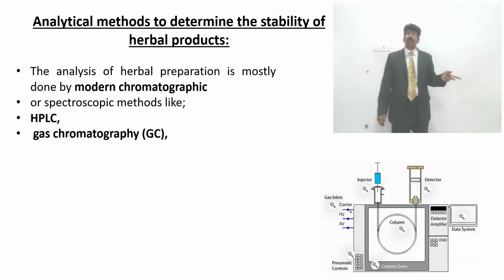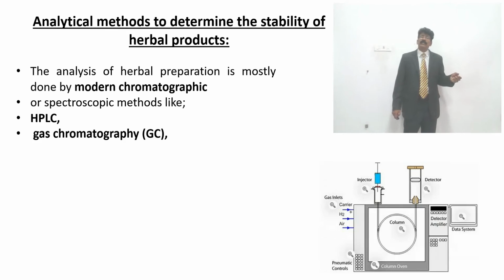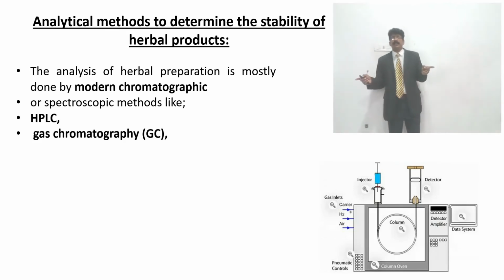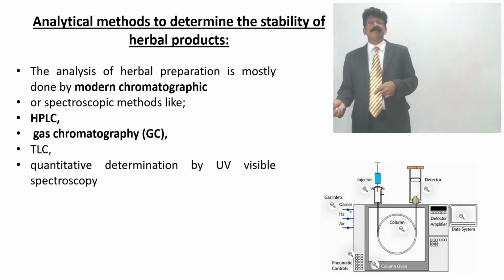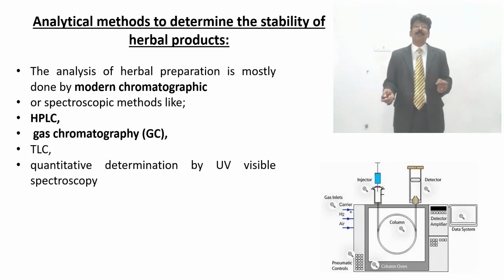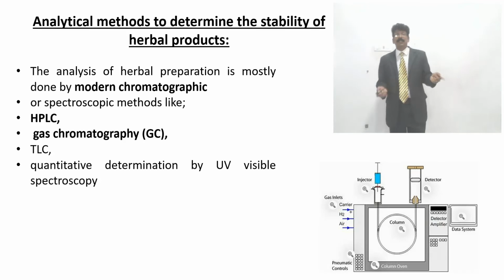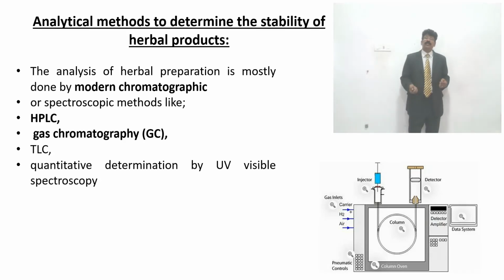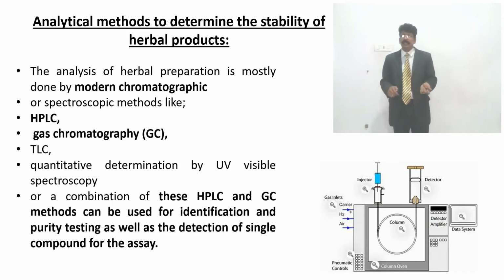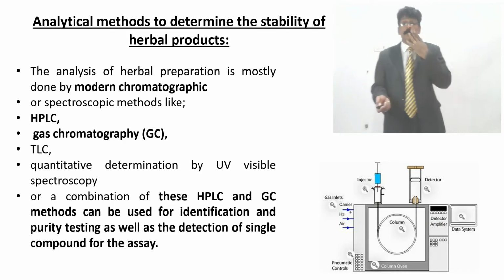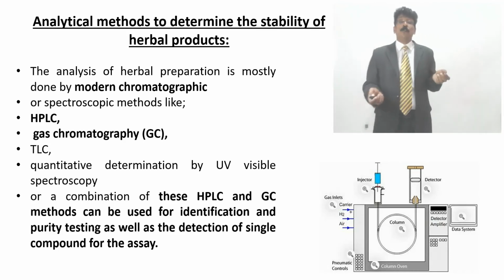Both are used for confirmation of the compound, and then TLC and HPTLC, and we also do quantitative estimation by means of UV-visible spectroscopy, or a combination of HPLC and GC, and even mass spectroscopy.